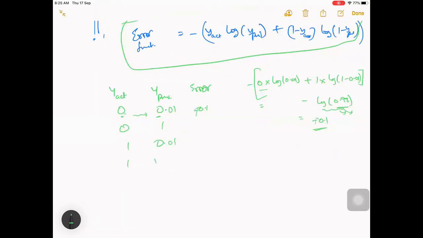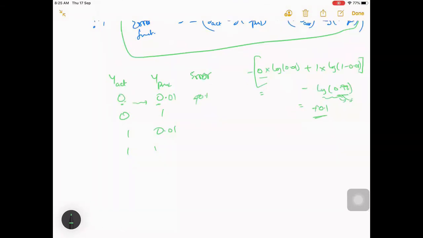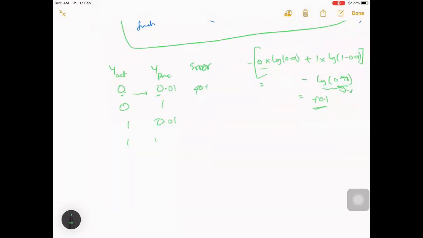So similarly, when the actual is 0 and it has predicted 1, we have 0 into log 1 plus 1 minus 0 into log of 1 minus 1. Instead of 1, let's take it as 0.99.